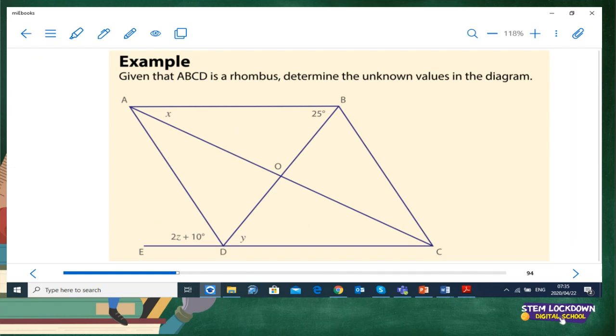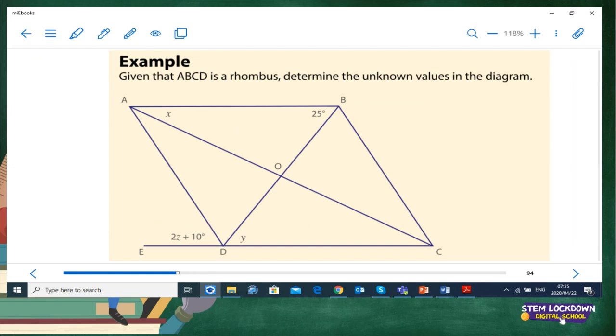And there's something that you need to know about the rhombus: the opposite sides are parallel and they're also equal. So the opposite sides of a rhombus are equal and parallel. So this means that AB is parallel to DC, and that AD is also parallel to CD.